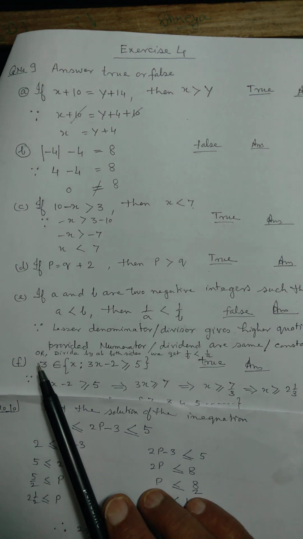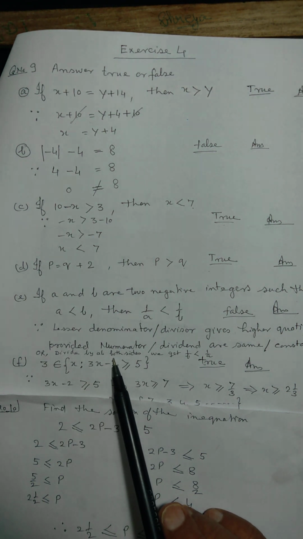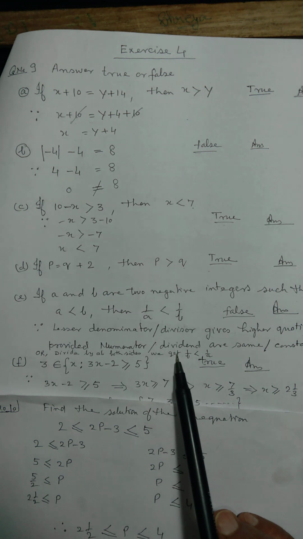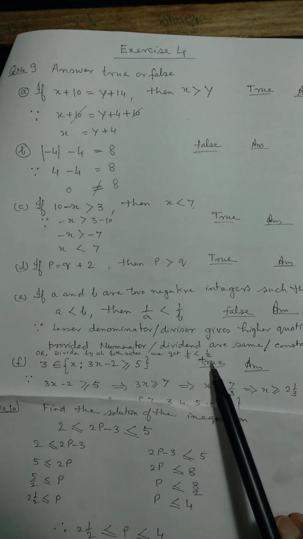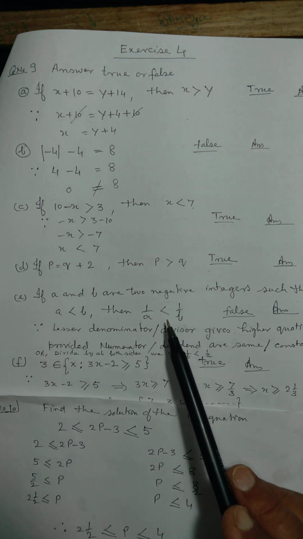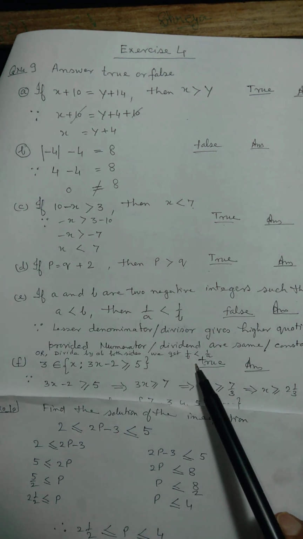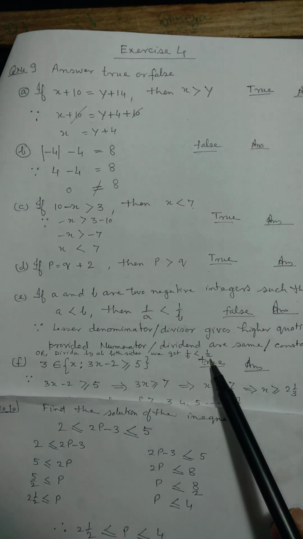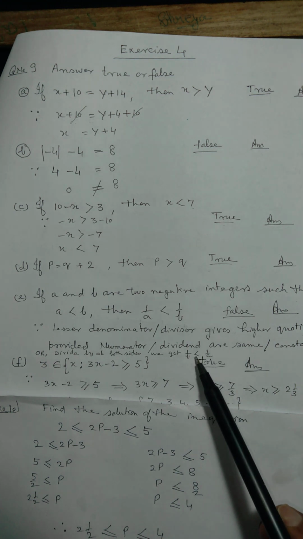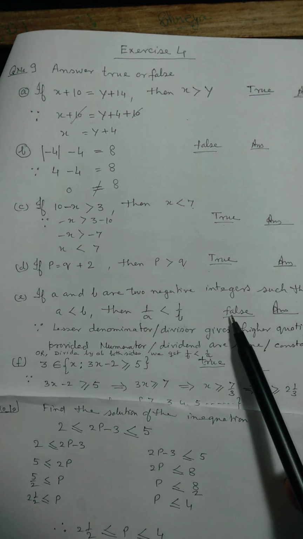Or you can divide by AB on both sides, we get 1 upon B is less than 1 upon A. But it is written wrong. Here it is coming 1 upon B is less than 1 upon A. So it is mentioned wrong. Hence I have written false.